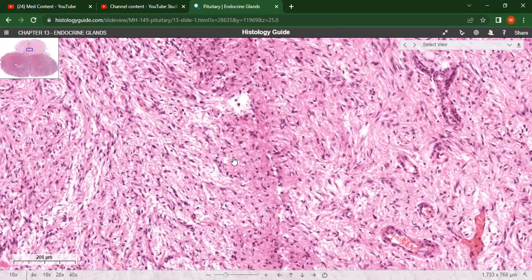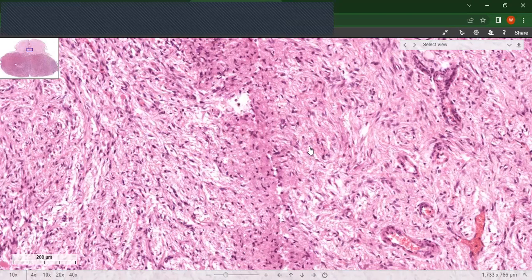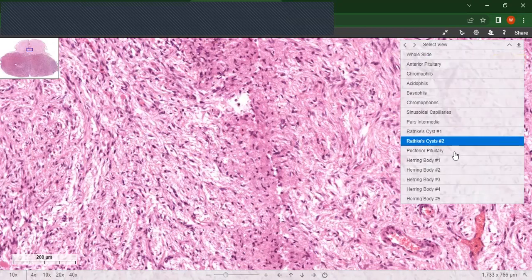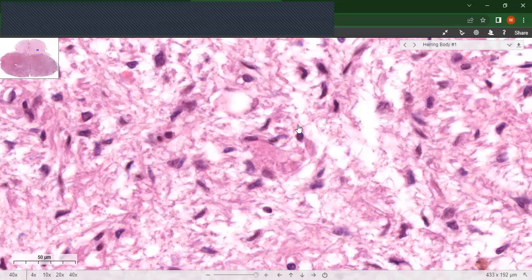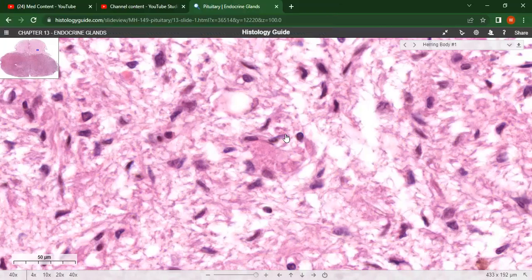The axons usually terminate here in the neurohypophysis, and at the terminal end of the axon, they have a dilation. Those dilations are known as the Herring bodies. Let me show you one. This is a Herring body. A Herring body is simply a dilation of the terminal end of a neuronal axon, whose cell body lies either in the supraoptic or paraventricular nuclei.